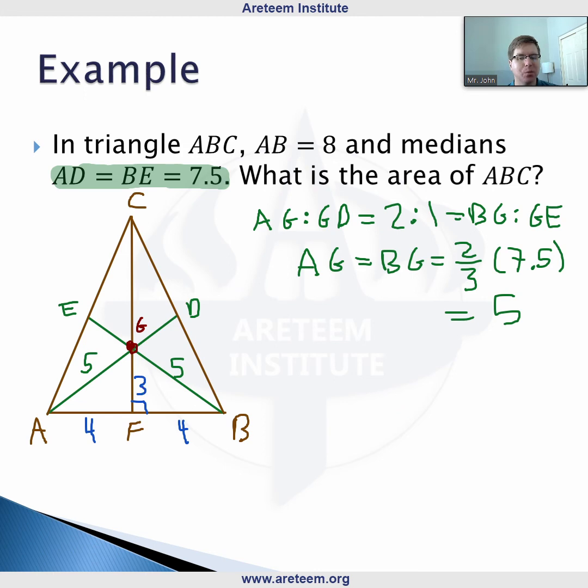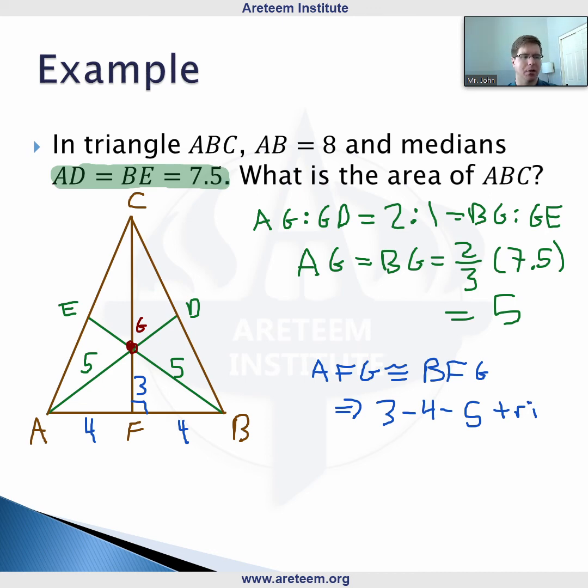So in fact, we can find the mystery length GF there as well. So let me just write it out like this. AFG is congruent to BFG. And both are, in this case, 3, 4, 5 right triangles there. So these are 3, 4, 5 triangles in this case.